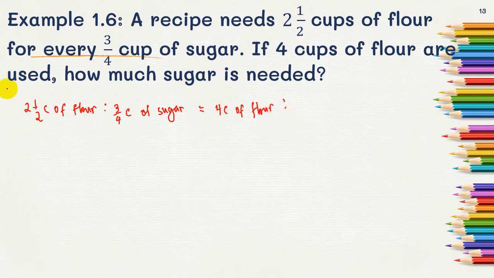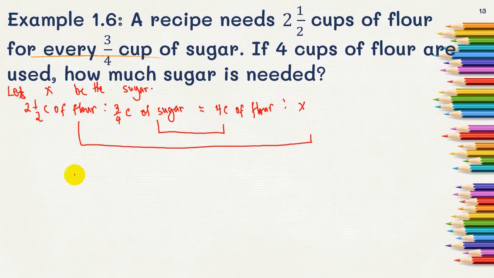We can now represent the unknown as any letter in the English alphabet except O. Okay, so we can represent sugar as x. Next, so let's put x here. Then the next thing is we will multiply the means, we will multiply the extremes.